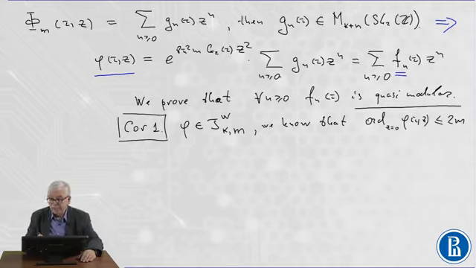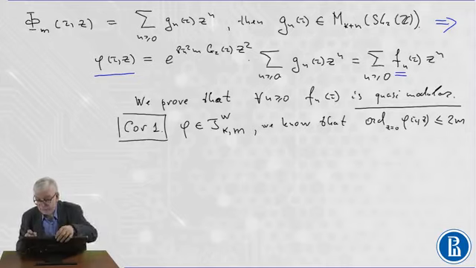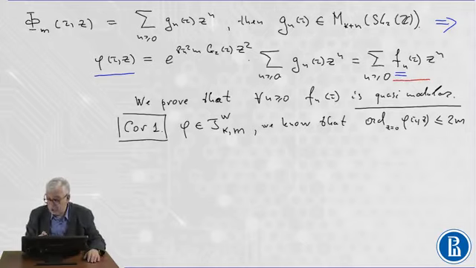But we can analyze the first 2m Taylor coefficients of our Jacobi form, we can analyze the first 2m Taylor coefficients of its automorphic correction.